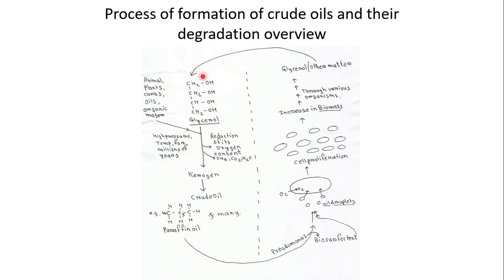This glycerol loses its oxygen and forms a precursor substance of crude oil, which is called kerosene. And this kerosene, after some years, forms crude oil. Here we can consider a crude oil, for example, paraffin oil.